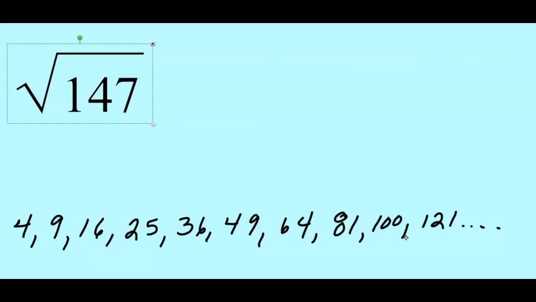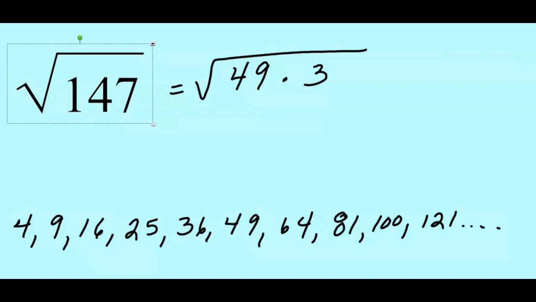Turns out that 147 is divisible by 49. So 147 can be broken down into the square root of 49 times 3, and 49 goes into 147 3 times. If you do 49 times 3, you get 147.